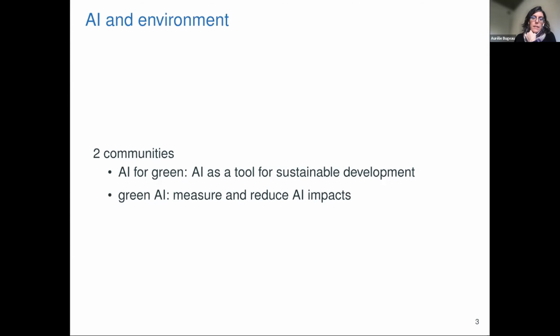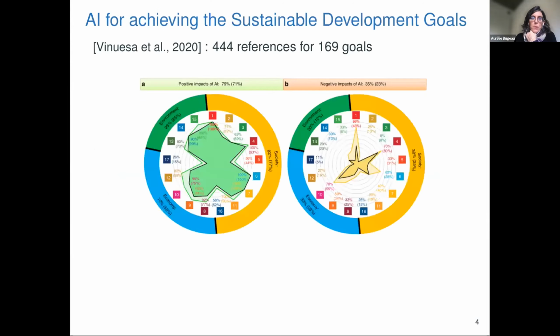So, AI for green. This is a paper that was just mentioned by a colleague in the previous talk from Vincent, which has studied more than 400 differences and showed that AI can be used to tackle many sustainable development goals as defined by the United Nations, but also that it can have some negative impacts for some of those goals.